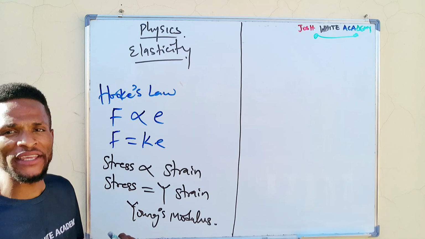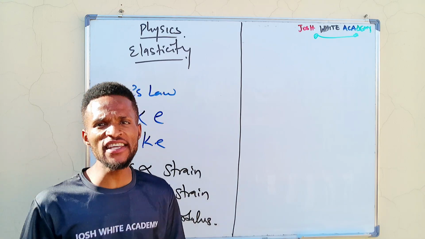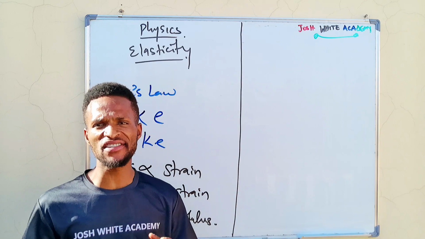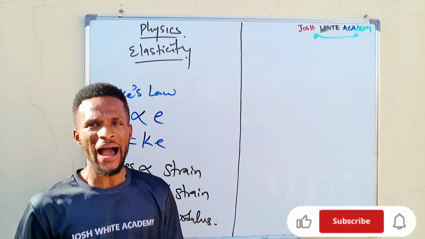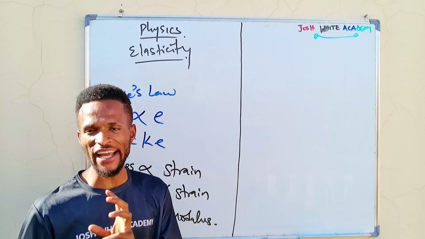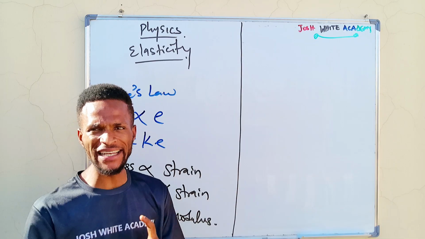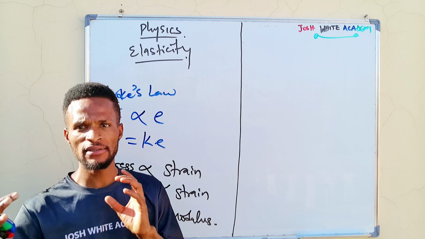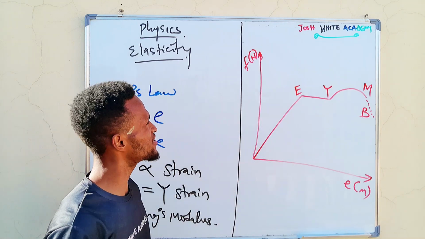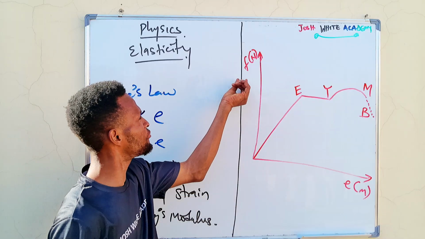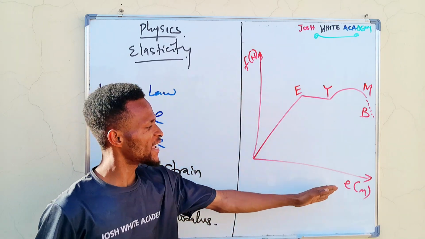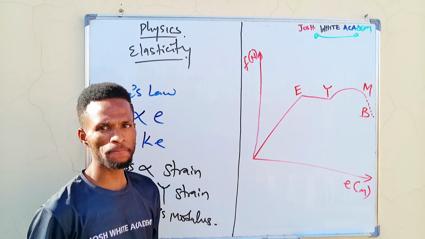Now, we will also be explaining this using a graph that explains the strain of a body, how force relates with extension, or how stress relates with strain. So here is a graph that explains the relationship between force and extension, a graph of force against extension.